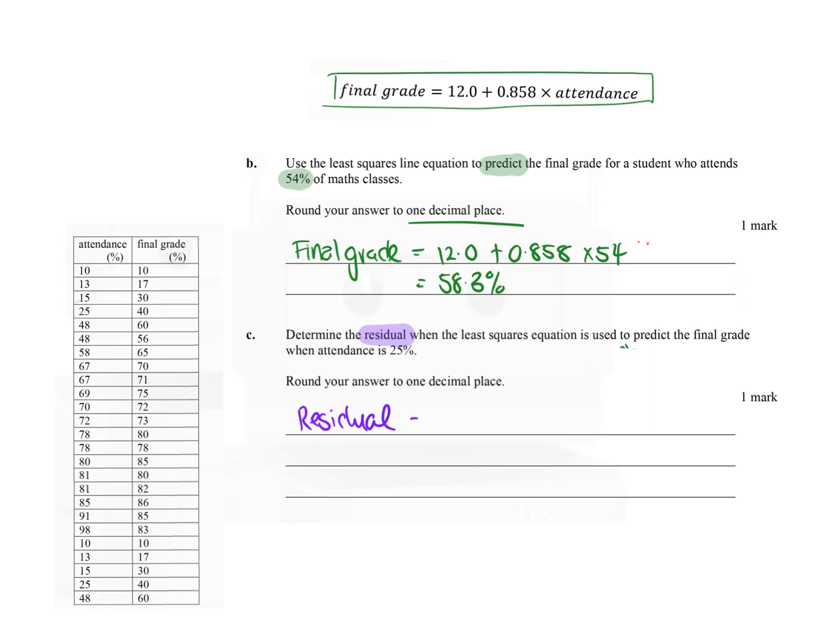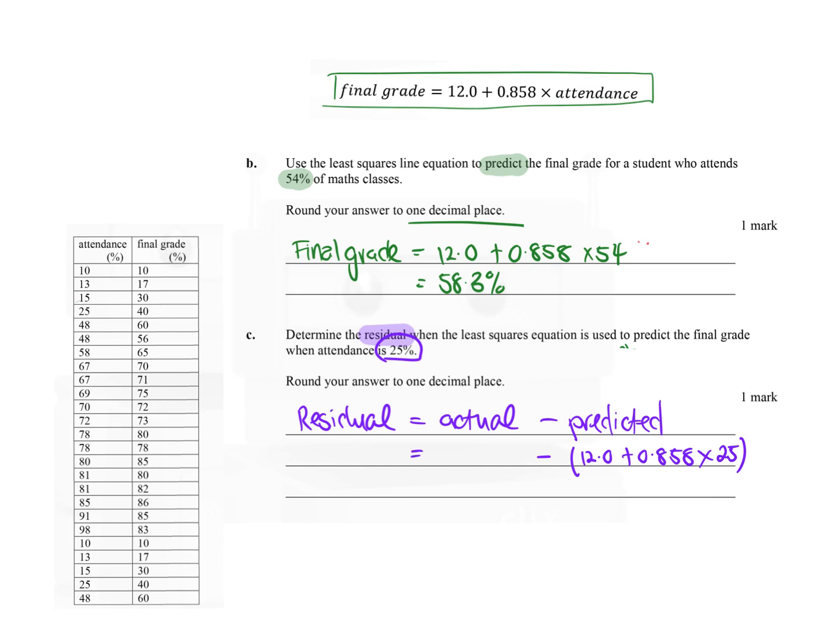So residual equals actual minus predicted. Now we just did the predicted, and we know when we're getting the predicted, we use the equation. So for this one, I'm just going to write that equation there straight off because we just did that. But this time, it's 25%. So that will be that part.